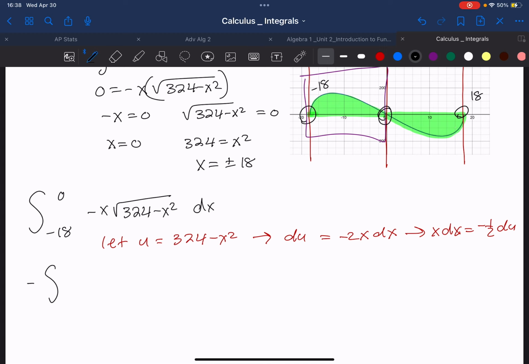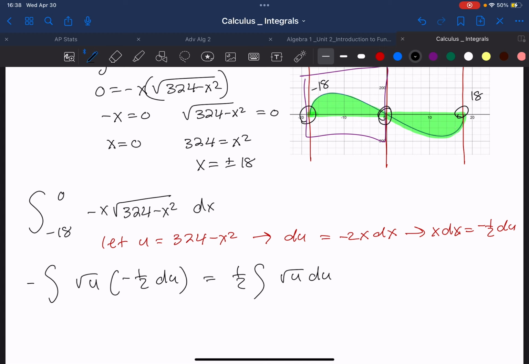So I'm going to end up getting the square root of u. And then I'm going to multiply that by negative 1/2 du because that gives me my x dx. So that takes care of this portion of the integral. Well, when I do that, I can also take out that negative 1/2. So I'm left with 1/2 integration of the square root of u du.